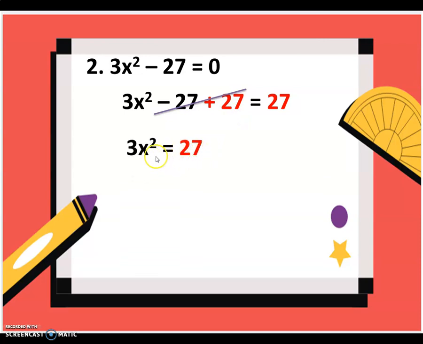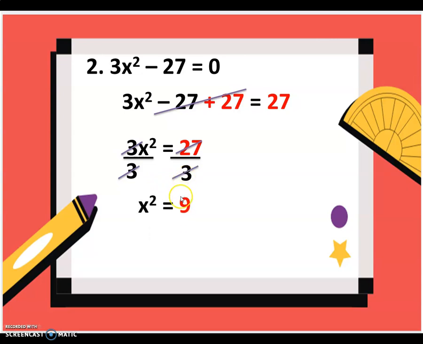Pero sa case na to, since ang meron tayong leading numerical coefficient na 3, lagi nyo pong tandaan, para ma-extract natin ng maayos ang square root, we are going to divide both sides. Kung ano po yung leading numerical coefficient, yun po ang i-divide natin sa left and right. So, 3 divided by 3 is 1, and 27 divided by 3 is, alam naman natin na, 9.